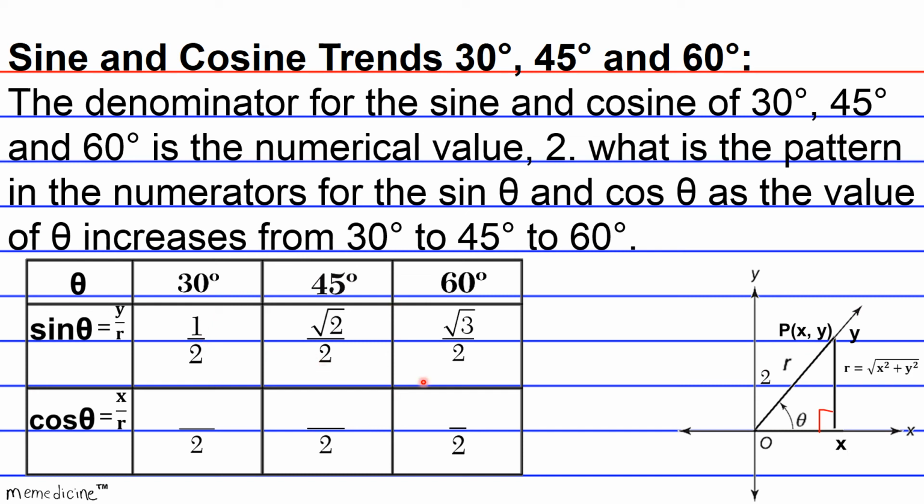And then the same if this theta were 45 degrees, the fractional ratio would simplify to radical 2 over 2. And if this angle theta were 60 degrees, the fractional ratio would simplify to radical 3 over 2. So as theta increases or grows in the counterclockwise direction, the sine increases, okay, in quadrant 1.